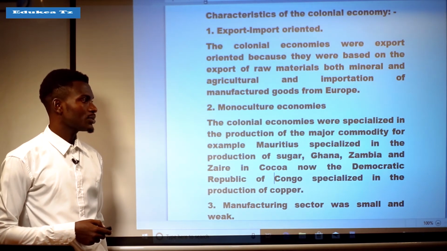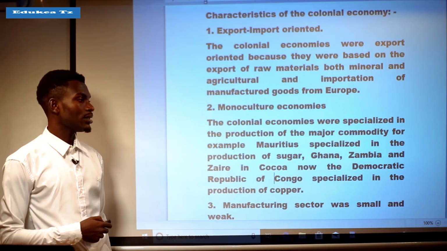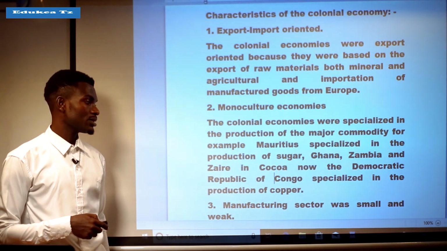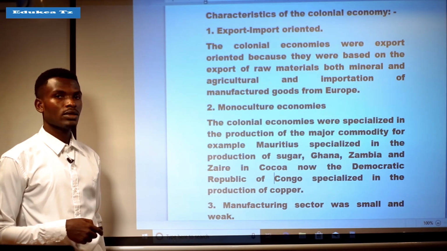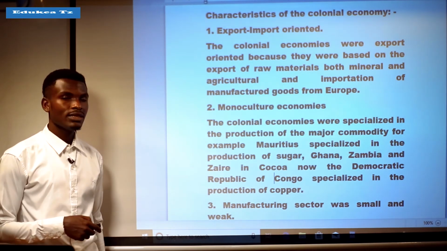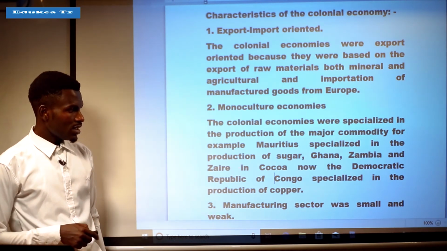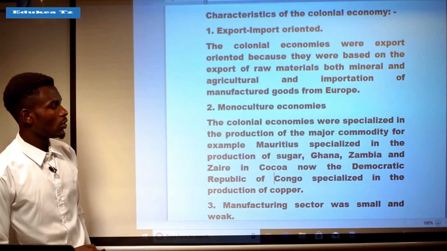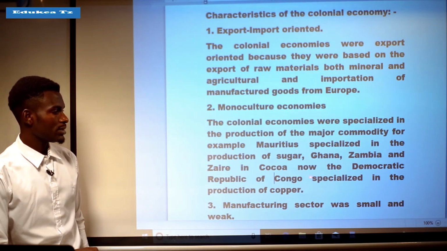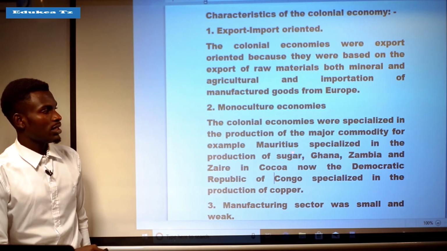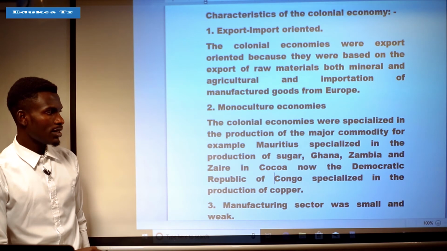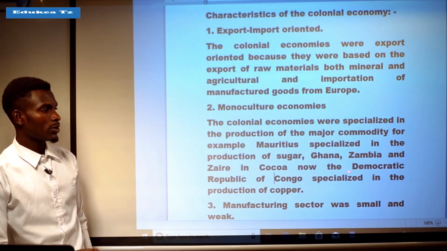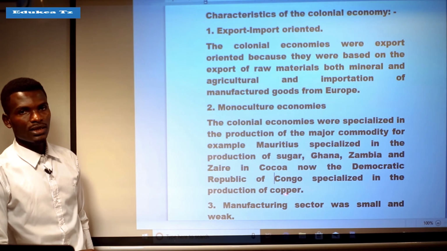in Europe. So that's why, for example, Mauritius specialized in the production of sugar, while Ghana specialized in production of cocoa, and Zaire, by present time so-called DRC, or Democratic Republic of Congo, specialized in the production of copper.